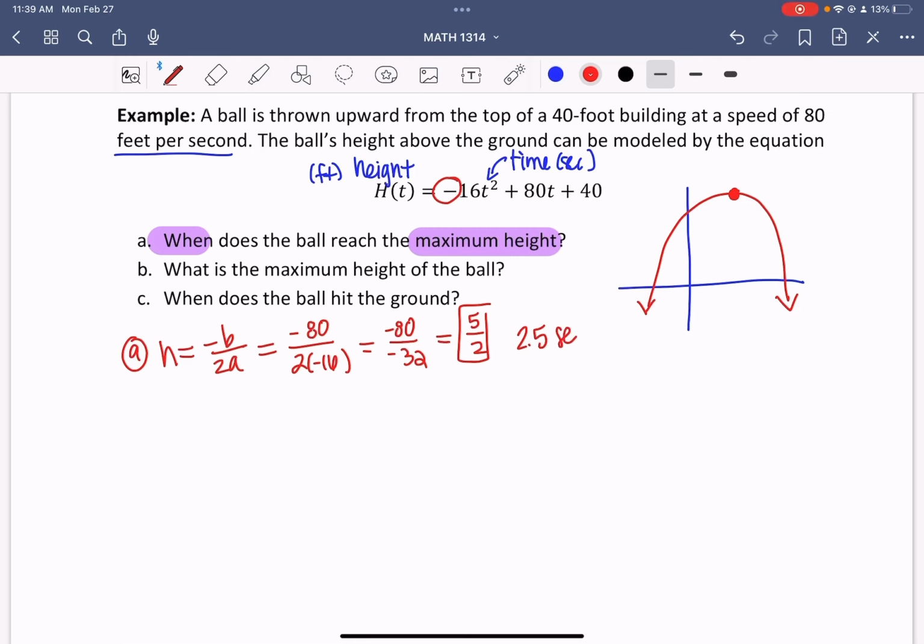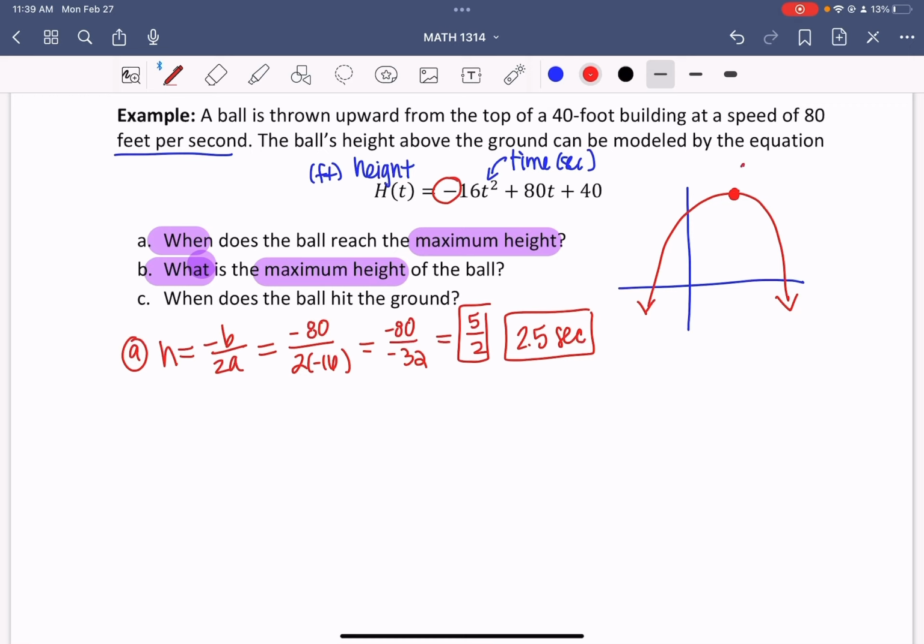After 2.5 seconds. We always want to make sure that we apply it to the given situation. A lot of times you get that 5 over 2, but when someone asks when the ball reaches max height, you have to interpret that for them: 2.5 seconds.